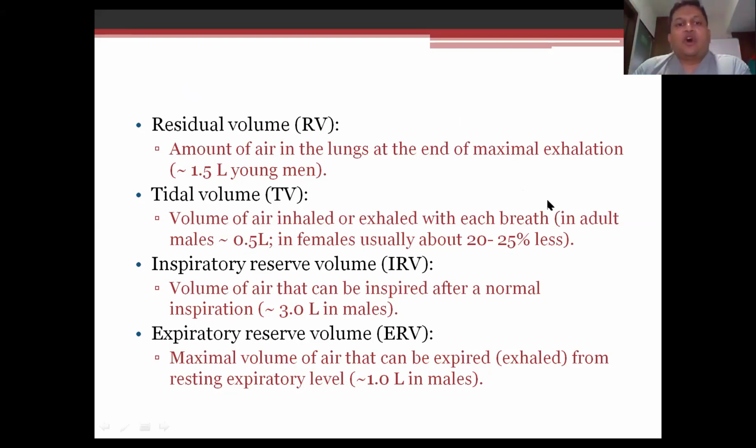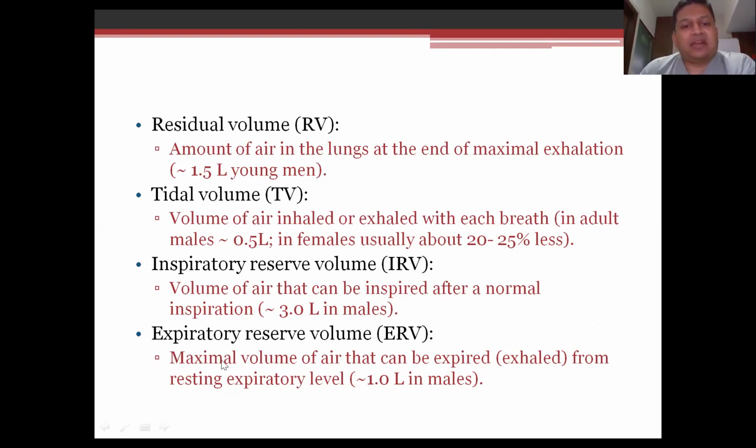Tidal volume is the normal volume of air inhaled and exhaled with each normal breath, without exertion. Inspiratory reserve volume: you take a normal inspiration and then you take a forceful inspiration. That volume is called the inspiratory reserve volume. This is for times of stress or exercise or disease, when your requirement for oxygen and removal of carbon dioxide is high.